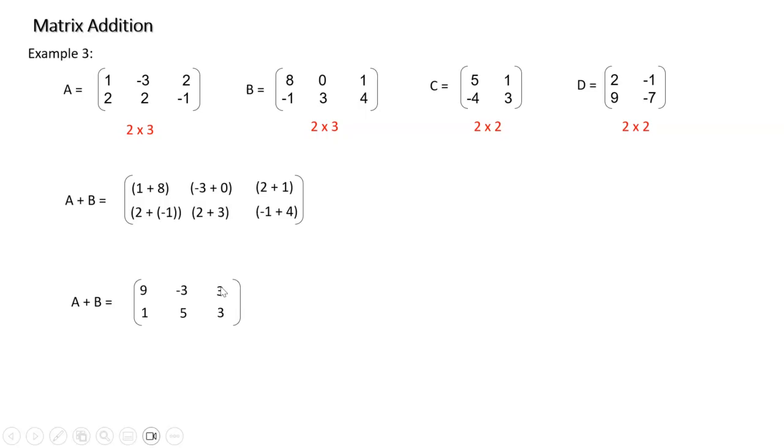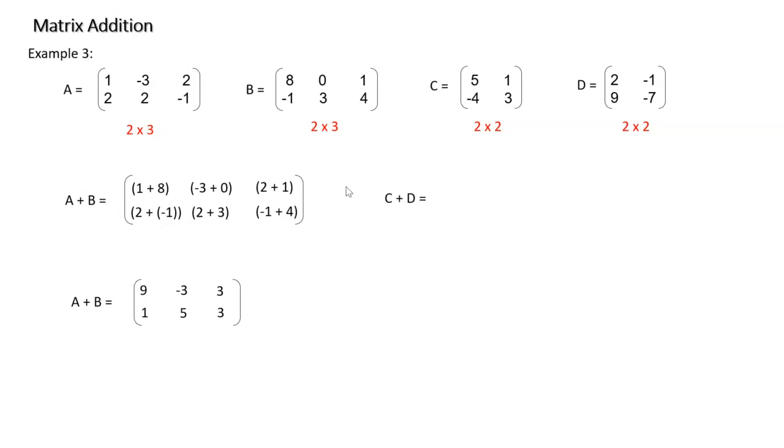You can go straight from here, guys, from the matrices A and B, right? You can go straight here to the answer. This step here, I just showed you what's taking place. Okay, but you can go like this. What's 1 plus 8 is 9. What's -3 plus 0 is going to be -3, right? And so forth. You can do it that way too.